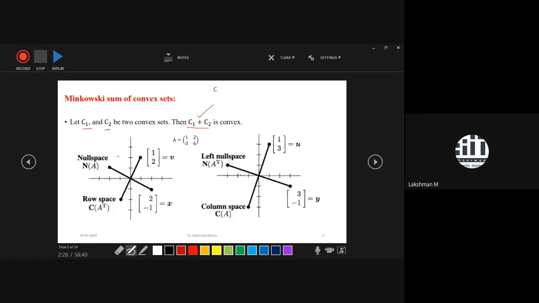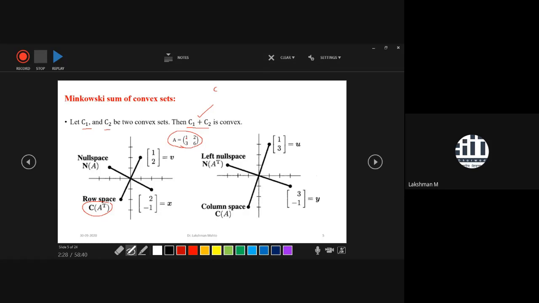So one example I have taken from linear algebra. In linear algebra, we already came across four fundamental subspaces. Suppose we have a matrix A, then we can find four fundamental subspaces. What are those? The first subspace is the row space of A. That means the row space of A is nothing but the column space of A transpose.